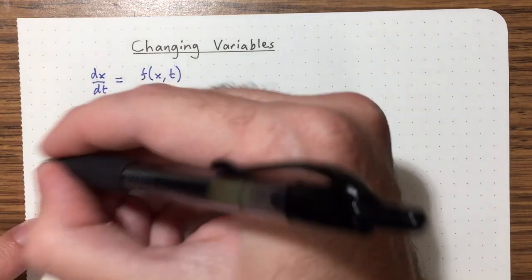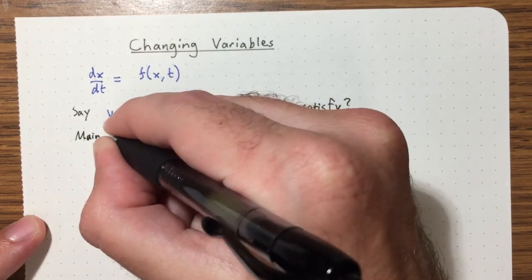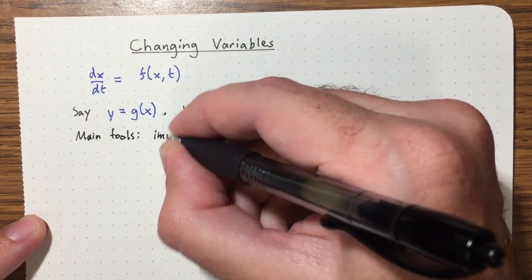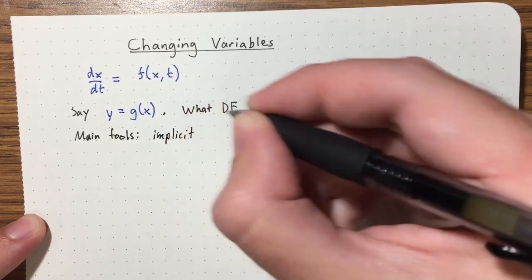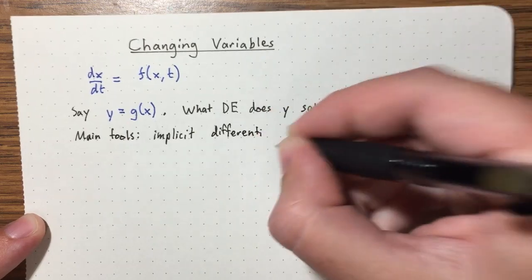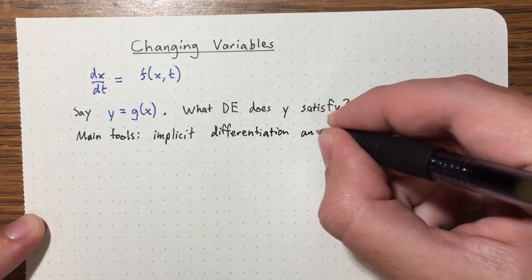I'll say immediately what the main tools are. The main tools are going to be implicit differentiation and the chain rule.